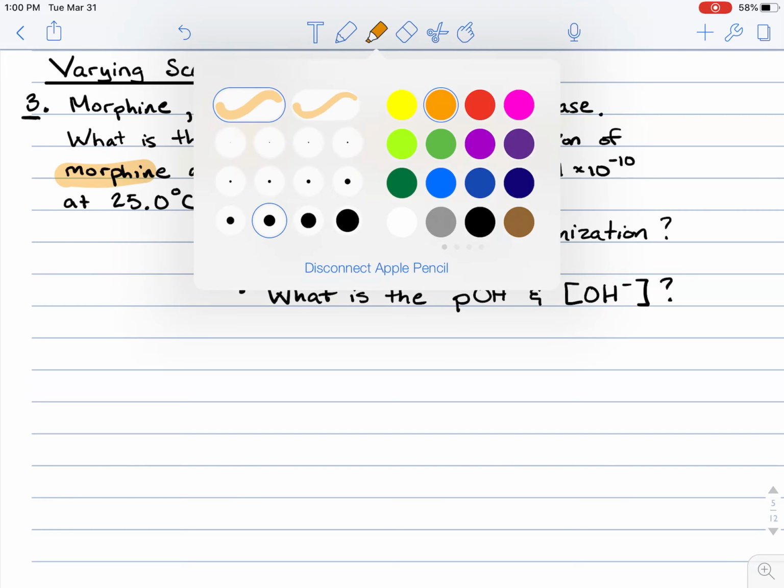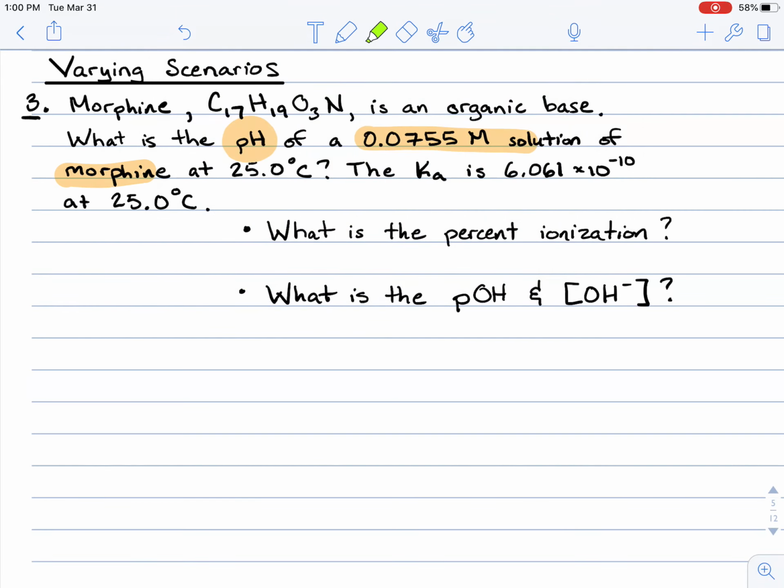And so the question also told us that the Ka, the ionization constant for the acid, is 6.061 times 10 to the negative 10 at 25 degrees Celsius. And once again, after we determine the pH of the solution, we're going to determine the percent ionization, and we're going to determine what the pOH and the concentration of OH is.